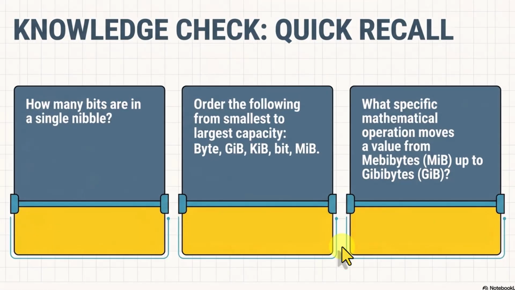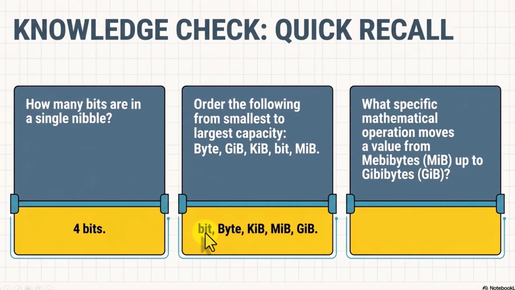Some knowledge check, some quick recall questions. Try to pause the video after each question and then come back to see if your answer is correct. How many bits are in a single nibble? That is 4 bits. Good. Order the following from smallest to largest capacities: byte, gibibytes, kibibytes, bits, and mebibytes.